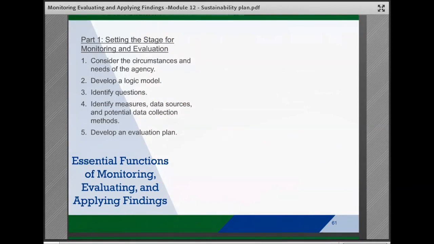As a recap, let's review the 4 major sections and 11 essential functions in this video series on monitoring, evaluating, and applying findings. Part 1 is setting the stage and includes considering the circumstances and needs of the agency, developing a logic model, identifying questions, identifying the data measures, sources, and collection methods that will answer them, and then developing an evaluation plan.